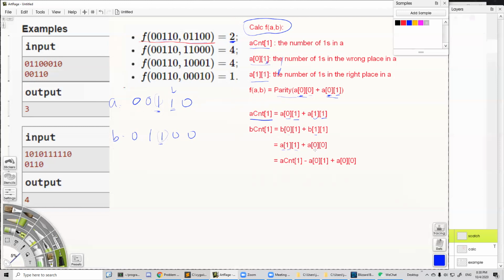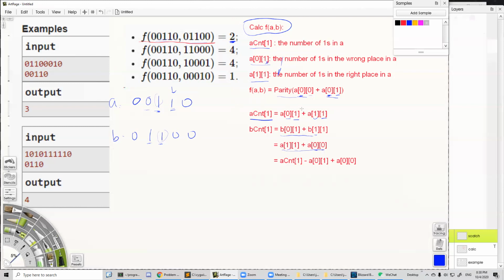And if 0 is at the wrong place in A, for example, this guy, if this 0 is at the wrong place, that means it is a 1 in B at this same place, right? So we can deduce this equation here.